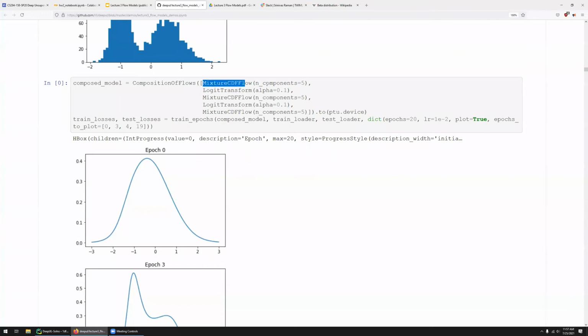I think it's mixture CDF flow, and then it goes into logit transform, and goes into mixture CDF flow, and then logit transform and mixture CDF flow.